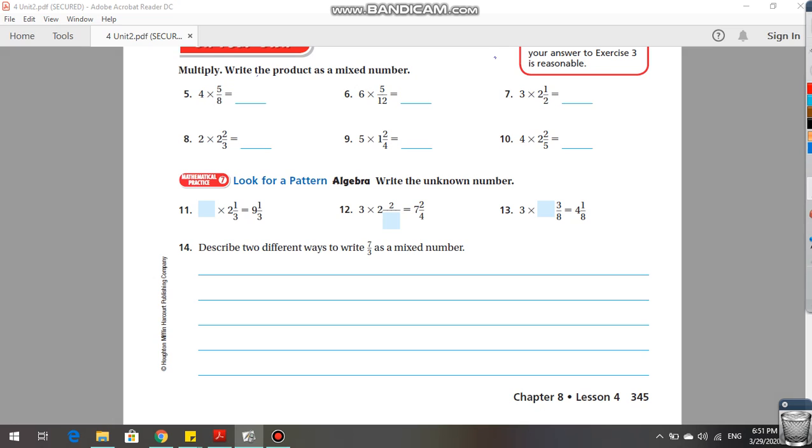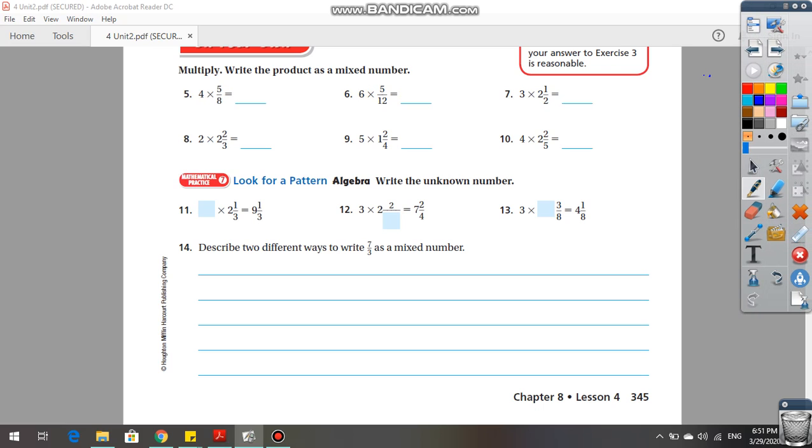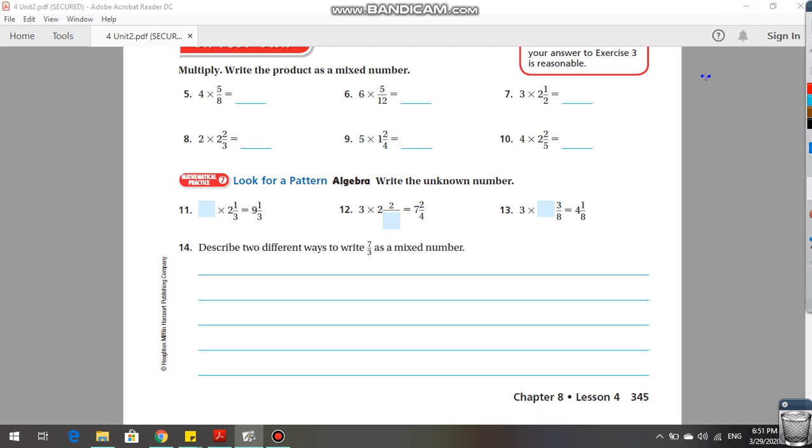Okay, guys, first I told you that we have three steps. Happy face, multiply, and divide.